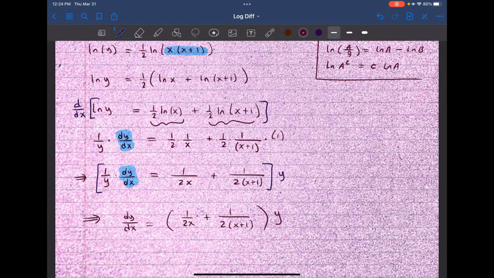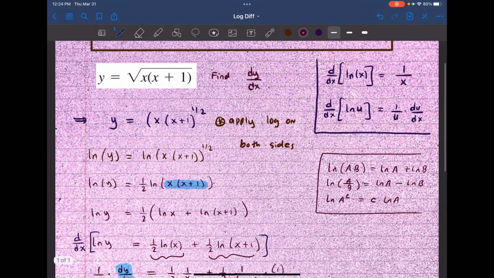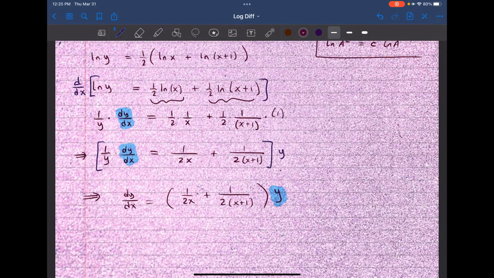Well, what is y? y was given in the problem. That's just all of that. So let's substitute that in there. Our final answer is dy/dx equals all of that in the parentheses, 1 over 2x plus 1 over 2 times x plus 1, times y. Well, y is square root of x times x plus 1.